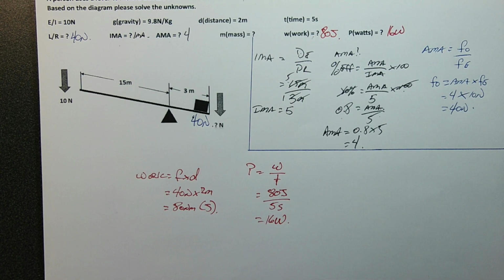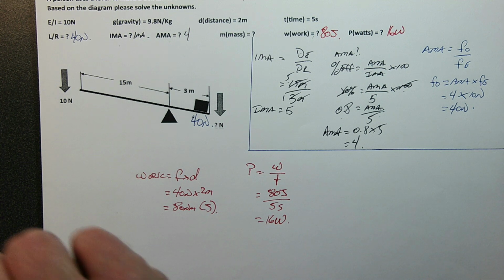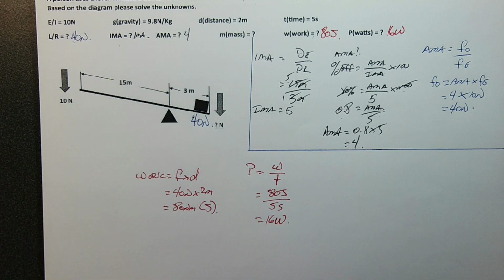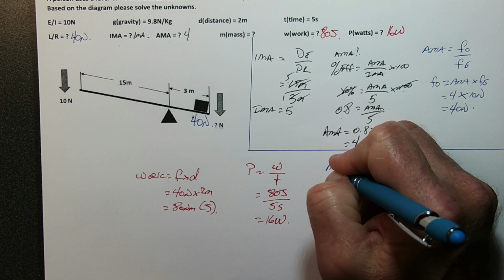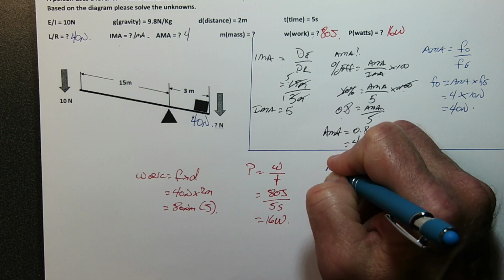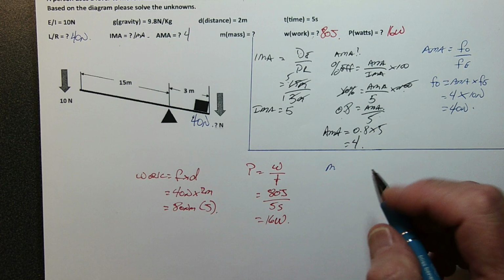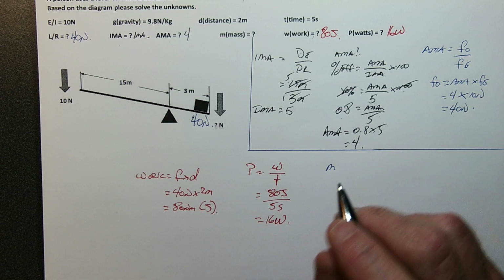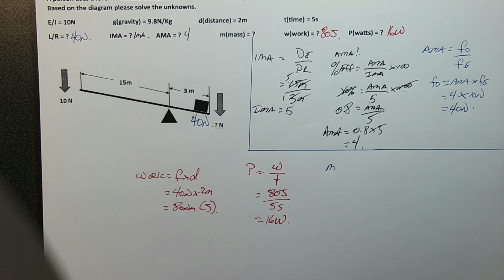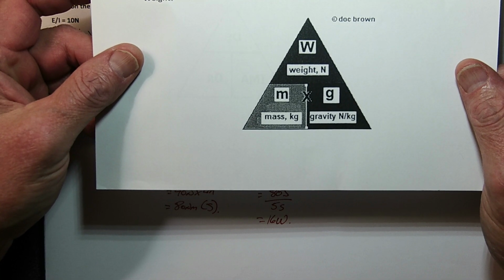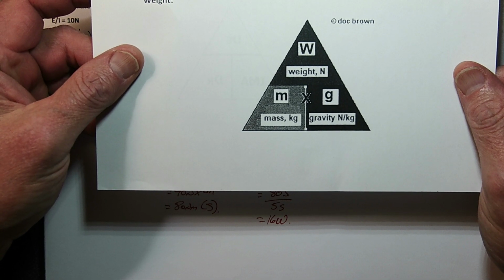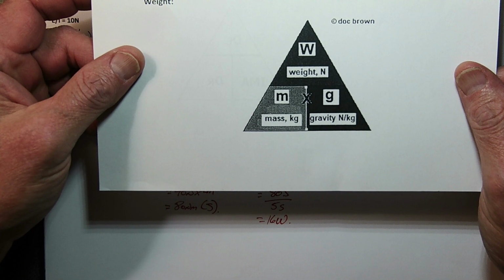Okay, great. The last part of this question is asking for mass. So that goes back to our work, power, gravity problems that we're doing. And when you look at the weight and gravity chart here, weight is always in newtons, mass is in kilograms, and gravity is in newtons per kilogram.